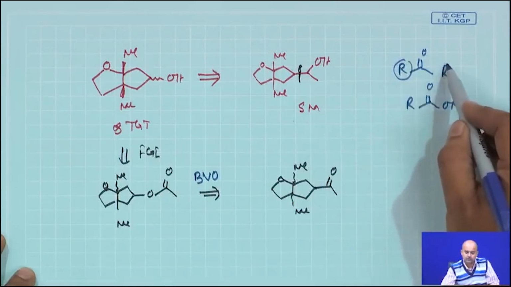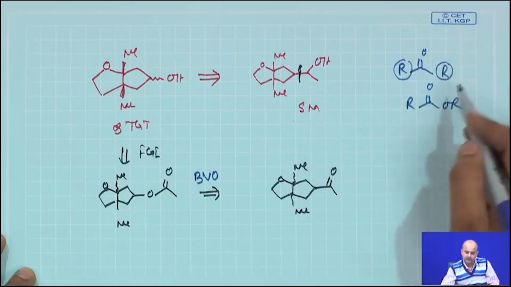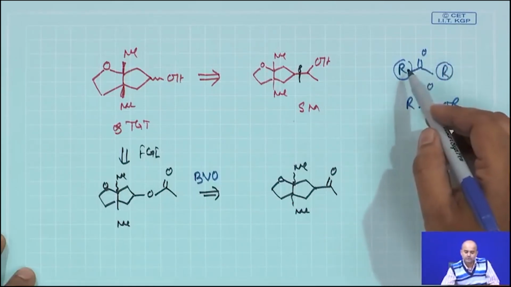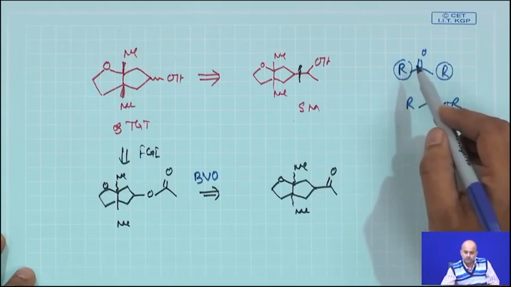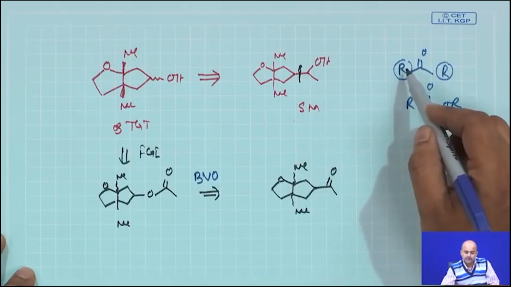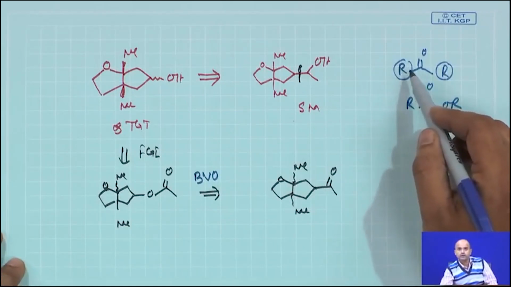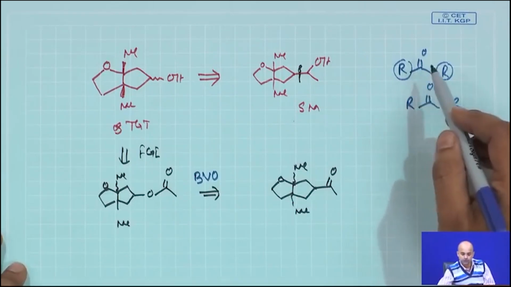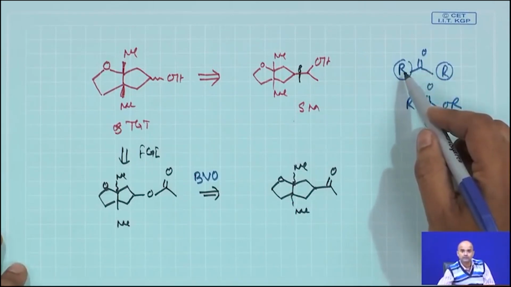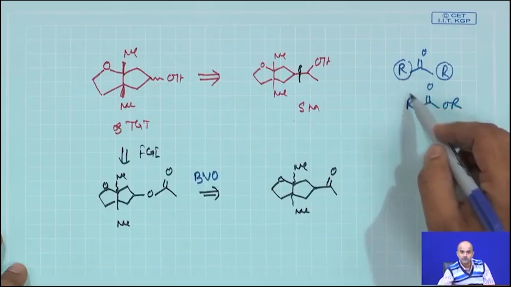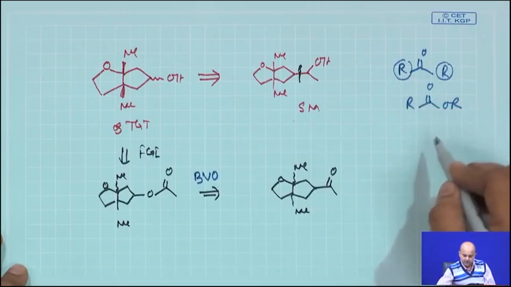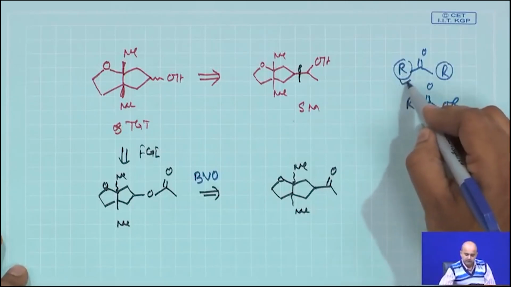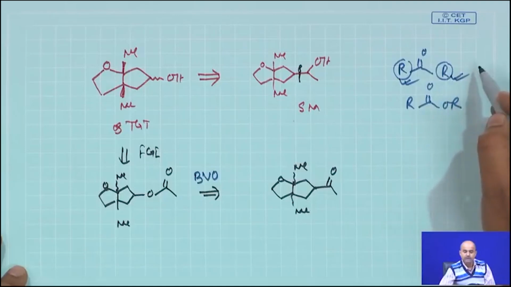A tertiary or more substituted alkyl group will migrate towards the electron deficient oxygen. So, you should be familiar with this migrating tendency.